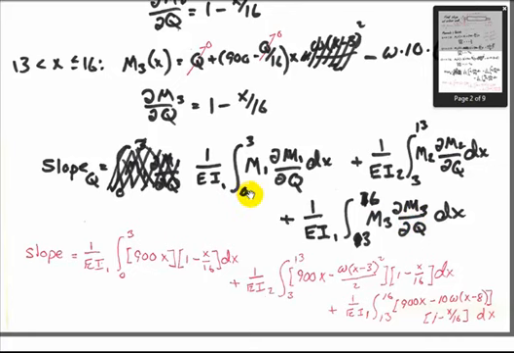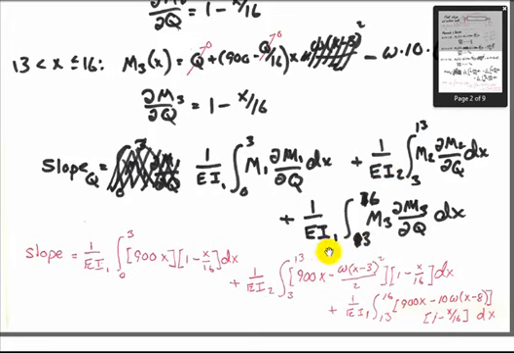Notice in my first region, where x goes from 0 to 3, I'm using I1. In my second region, from 3 to 13, I'm using a bigger I. We'll call that I2. And in my final region, this is a little messy, from 13 to 16, I'm back to the smaller value of I.